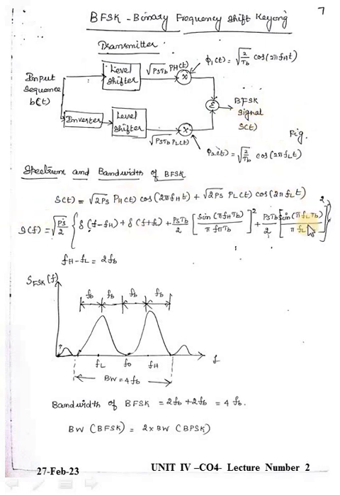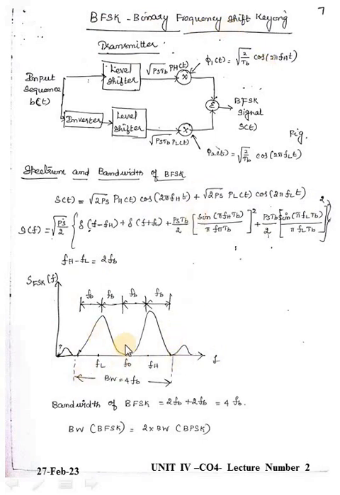This is the mathematical expression: s of t is a combination of phi 1 of t plus phi 2 of t, which leads to root 2 Ps s_H of t cos 2 pi f_H t plus root 2 Ps s_L of t cos 2 pi f_L t.